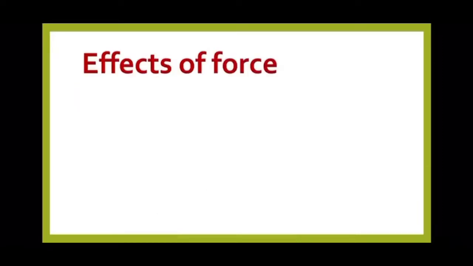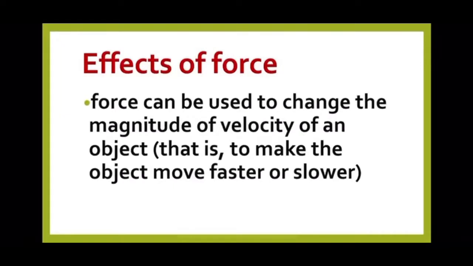One of the important effects of force is that force can be used to change the magnitude of velocity of an object. That is, to make the object move faster or slower. See this image. Here, a boy is pushing a trolley. Due to this push, the trolley is moving faster in the direction of application of force.